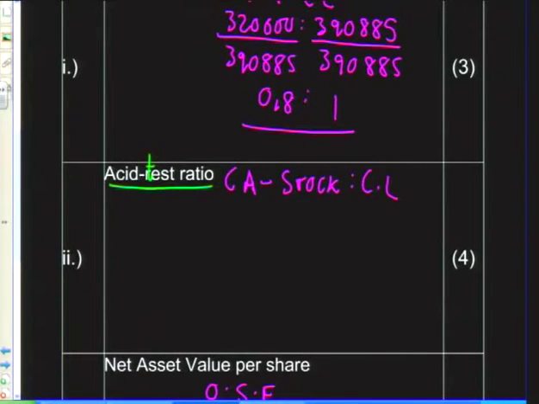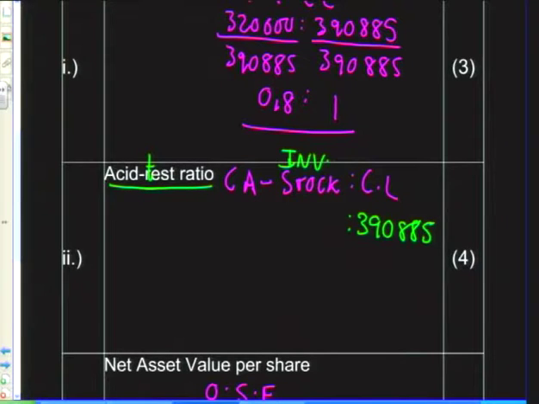And the ratio itself, I'm going to take my current assets minus stock or minus inventory is to or compared to my current liability. Now already, guys, from the information or from the previous question, I know my current liability is that amount at the top, which is 390,885.